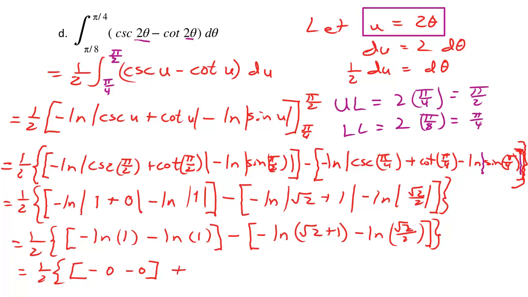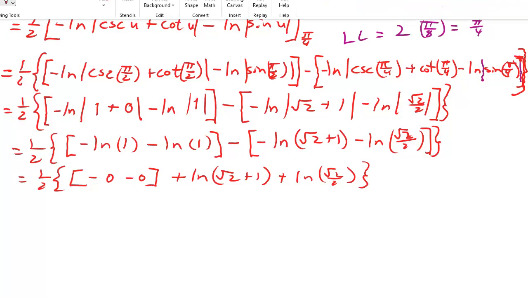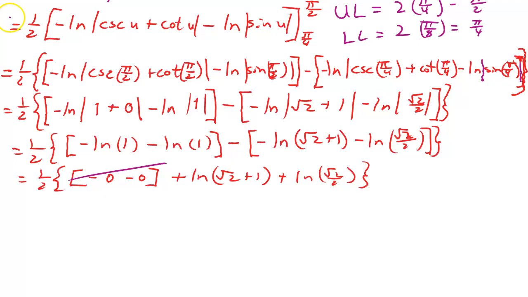So this will be plus natural log root 2 plus 1 minus, oh wait, that's also going to be plus natural log root 2 over 2. Okay, so I did get rid of that bracket there. And I can get rid of that whole first term now. That's just gone.